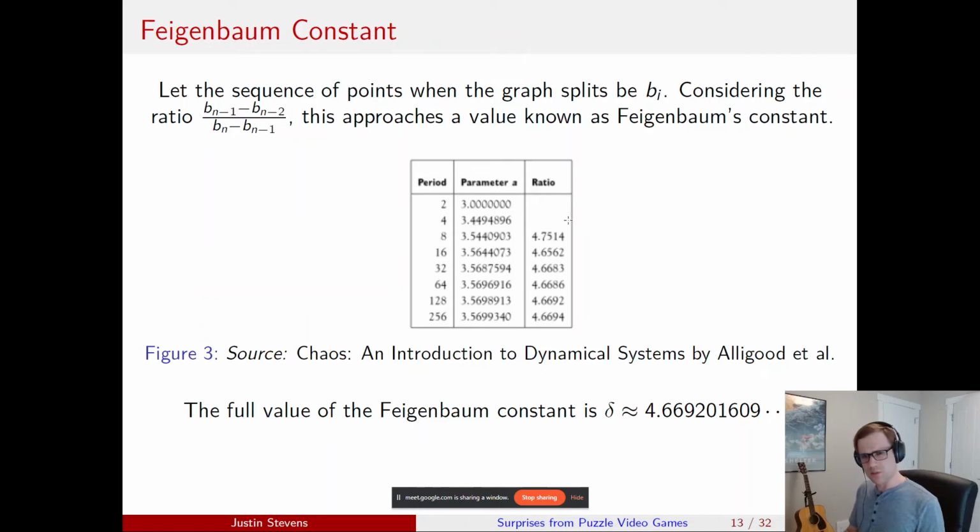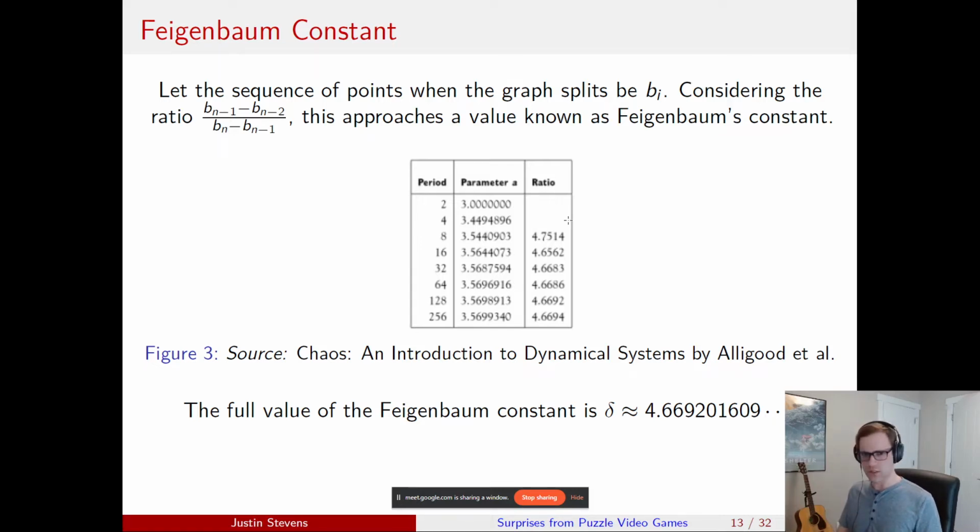Yeah, so it's basically this thing that if you iterate any mapping, ultimately it will have some type of splitting at some point. You take the ratio of the points at which it splits.